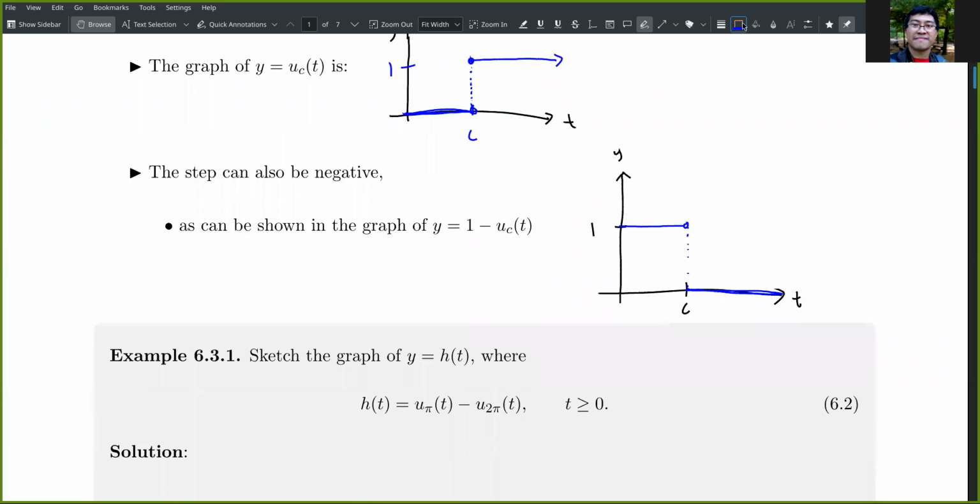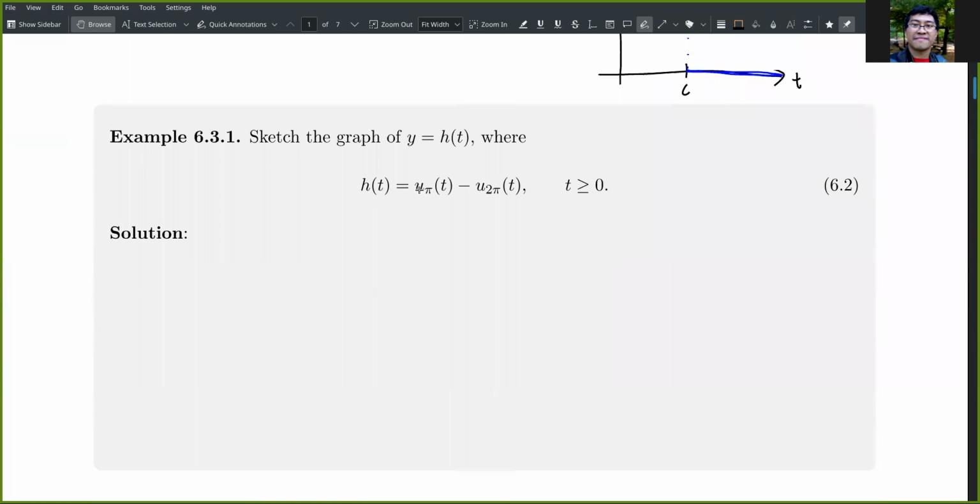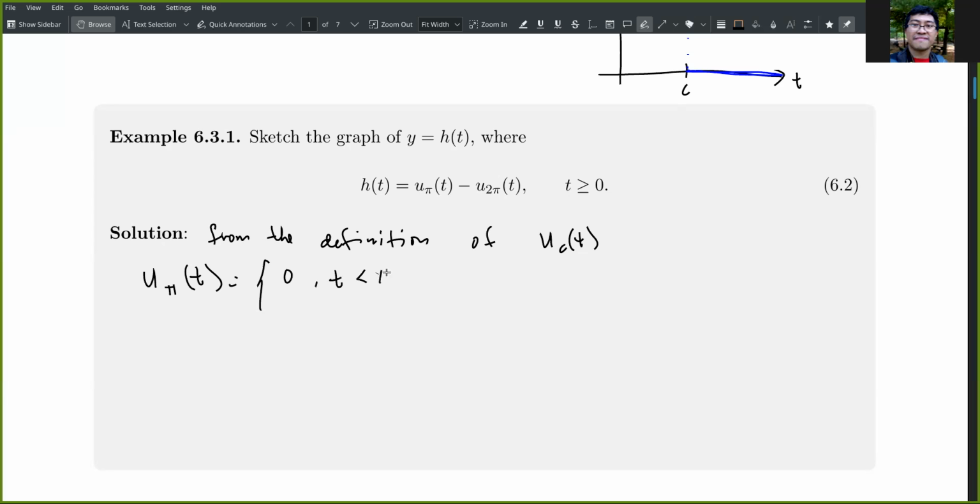An example, let's consider the graph of y equals h(t), where h(t) is u_pi(t) minus u_2pi(t). From the definition of u_c(t), we can write u_pi(t) as 0 for t less than pi and 1 for t greater than or equal to pi.